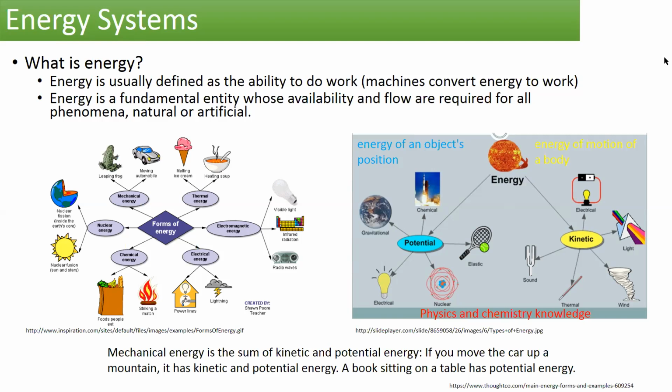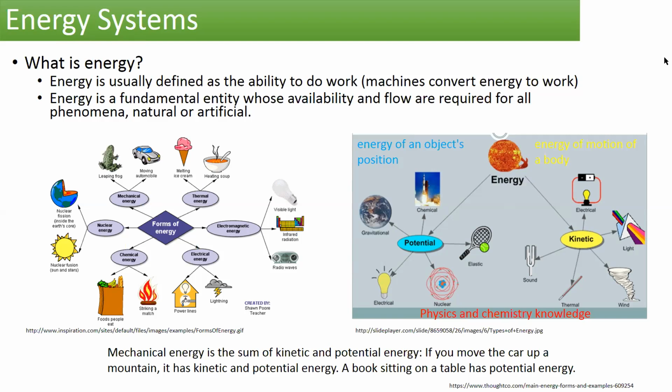We can also have energy in two different ways. Kinetic energy, that's the energy of motion of a body, or potential energy. Potential energy is the energy of an object's position. So depending on the position, or whether it is moving, we can differentiate the different kinds of energies. There is also an example at the bottom to explain these kinds of energies better.